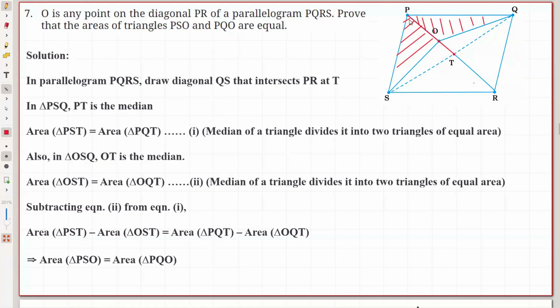We have to prove that the area of PSO is equal to PQO. How to prove it?